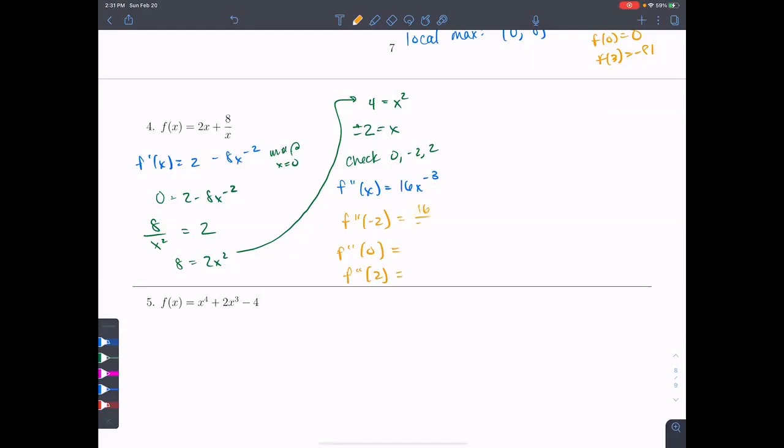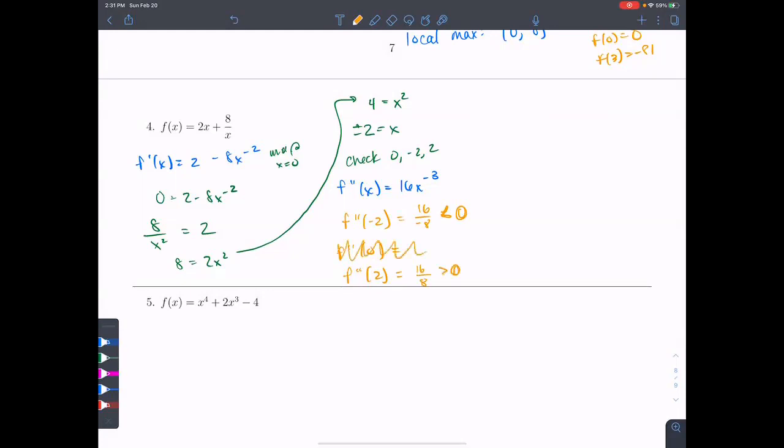That's 16 over -8, which is negative. If we plug in 2, this would be 16 over 8, which is +2.